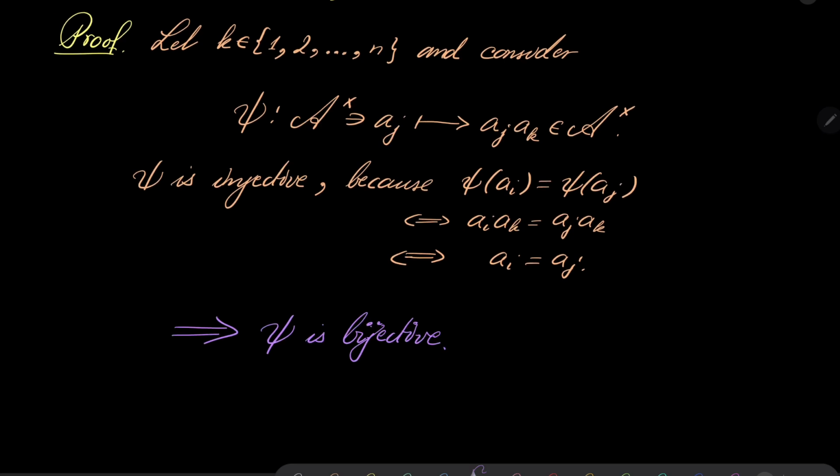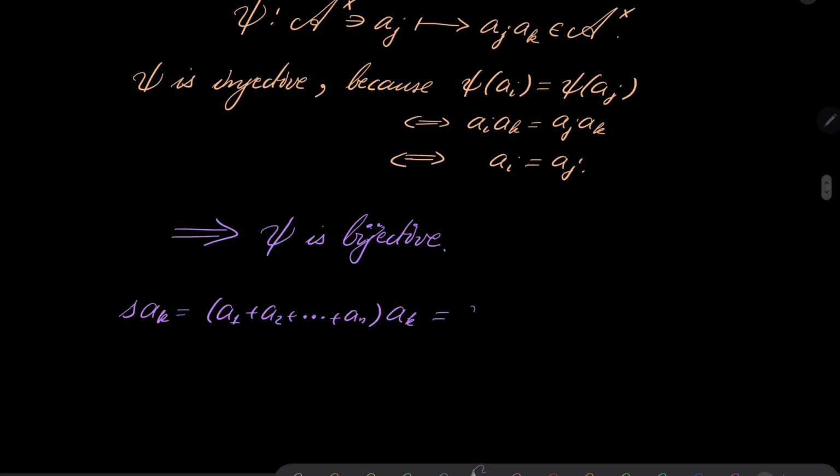So, if you think about it, this in turn implies that S ak, which is (a1 plus a2 and so on, plus an) times ak, is a1 ak plus a2 ak and so on, plus an ak. If you think about it, every invertible element appears exactly once in this list.